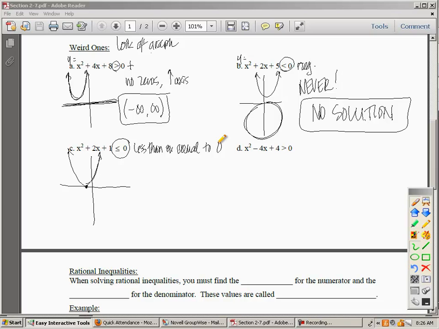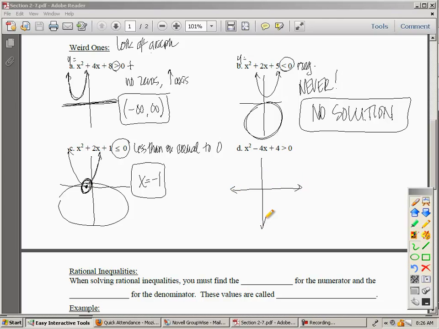Well, the less than part, not happening, right? But the equal to part, absolutely I'm equal to. Where am I equal to 0? The only solution is at x equals -1, because the only way that I'm less than or equal to is right on the x-axis, and that occurs at -1.